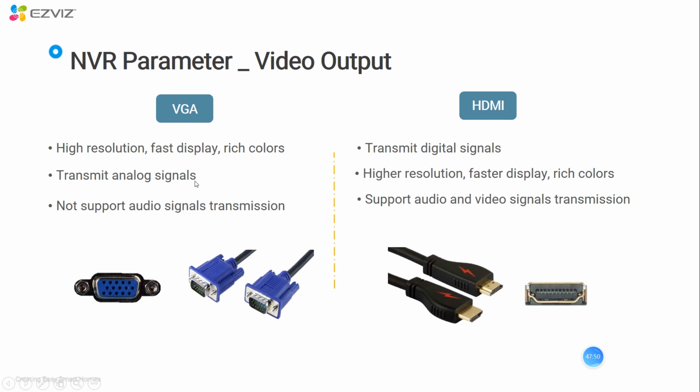And the biggest disadvantage is that VGA does not support audio signal transmission, while HDMI supports audio and video signal transmission at the same time. And it supports higher resolution than the VGA interface.